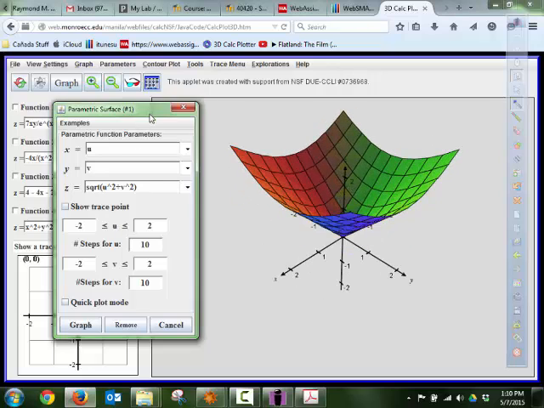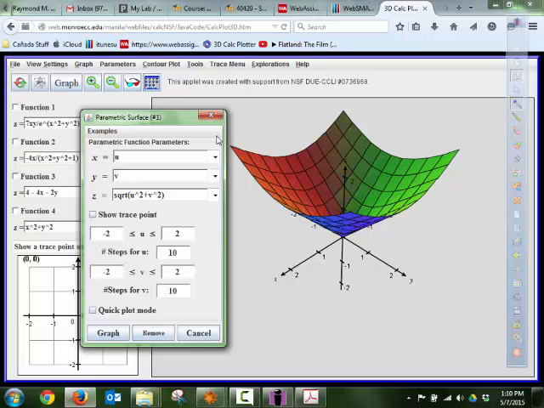So this would be our version of getting a graph, or being able to graph this thing. Our domain is the XY plane, just that flat thing.